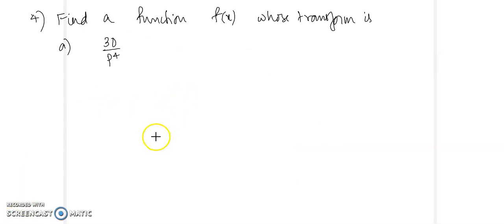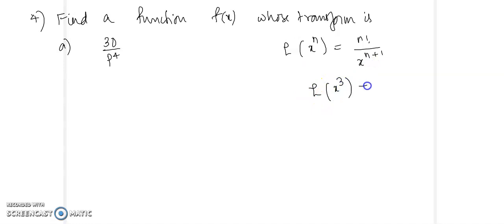Now the next problem is to find a function f of x whose transform is 30 by p raised to 4. So here you are given the Laplace transform, and you have to find the corresponding function. So we have this result L of x raised to n is n factorial by p raised to n plus 1. So here we need n equal to 3. So L of x cube will be equal to 3 factorial by p raised to 4, that is 6 by p raised to 4.